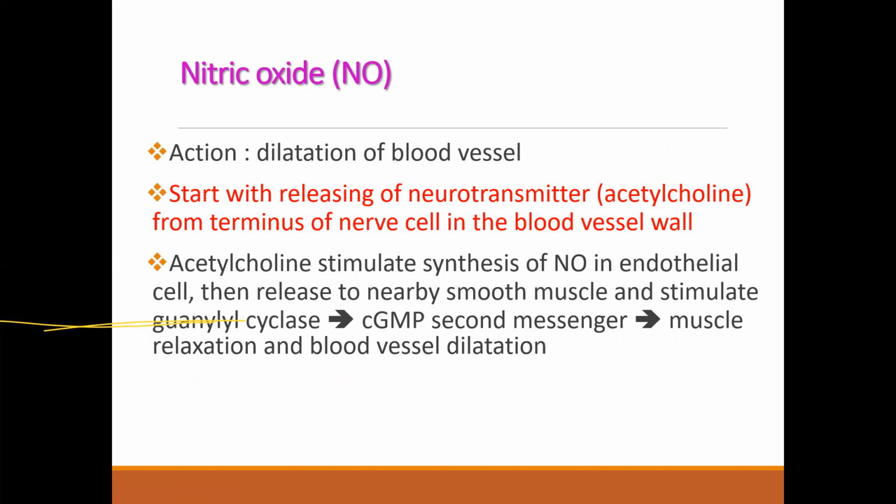Okay, synthesizing nitric oxide begins with the release of the neurotransmitter acetylcholine at the end of the nerve cell in the blood vessel wall. Acetylcholine, after release from the nerve ending of the blood vessel wall, will stimulate the synthesis of nitric oxide from arginine in the endothelial cell.